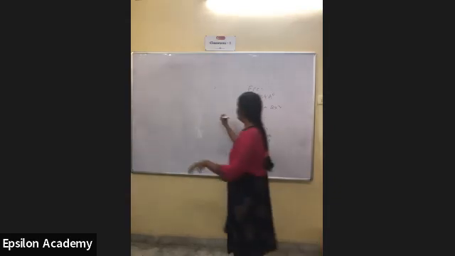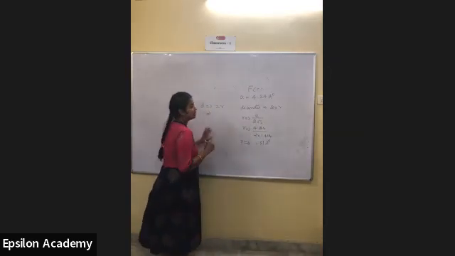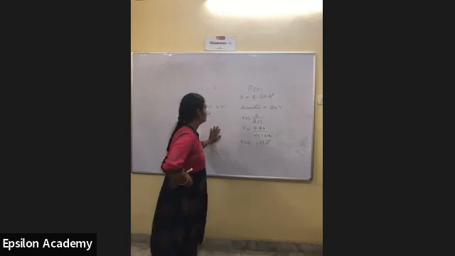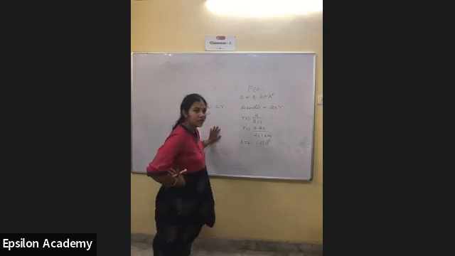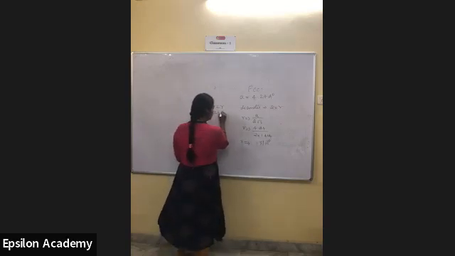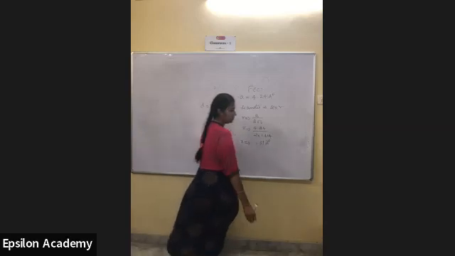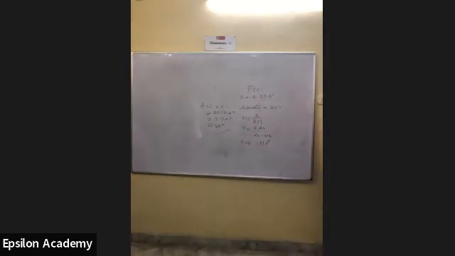Now diameter is equal to 2R, so we got 2 into 1.5 angstrom, which is 3.01. You can take this as 3 angstrom. Yes, this is the first A question.